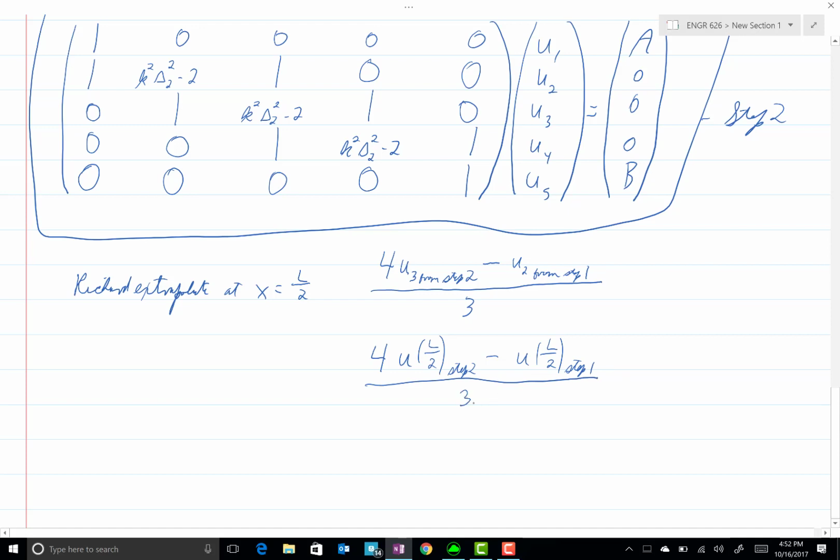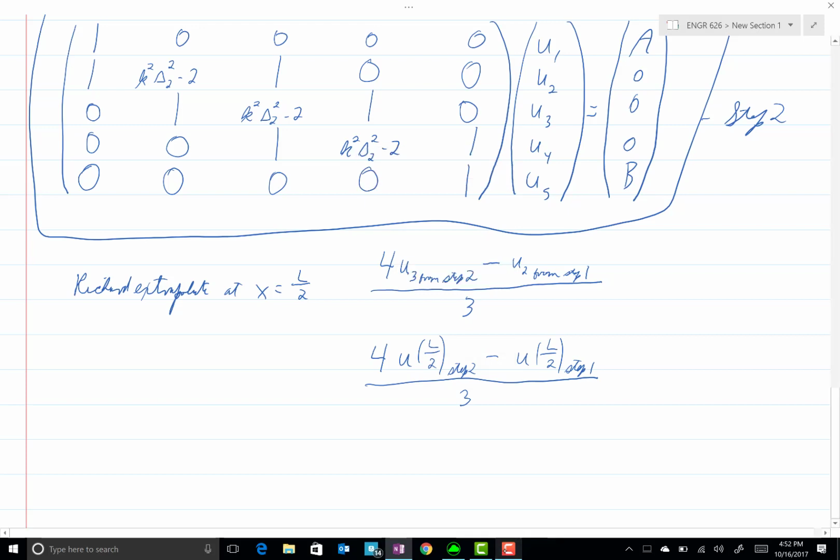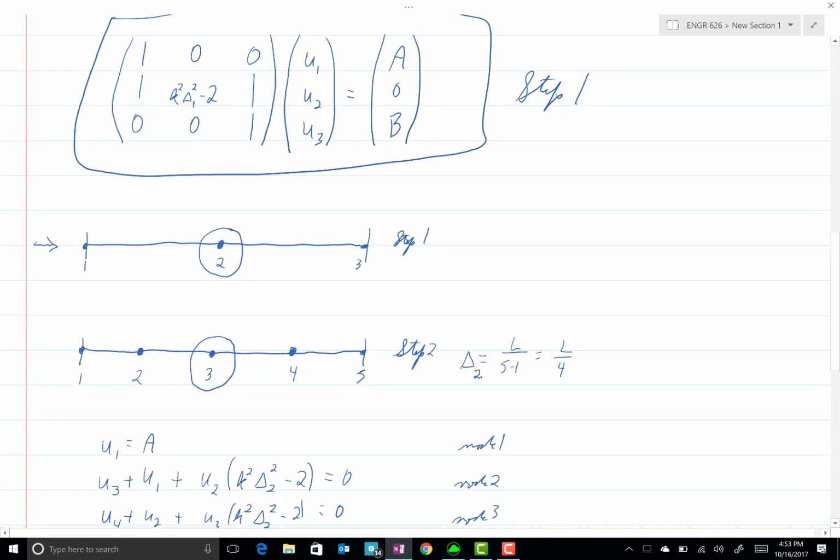But the benefit of the previous way of writing the Richardson extrapolate is that it emphasizes that there are different node numbers in the two solutions. Anyway, you could regard either one of these as your formula for the Richardson extrapolate at that point.